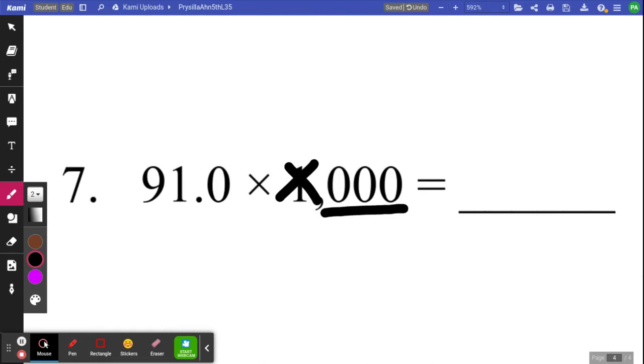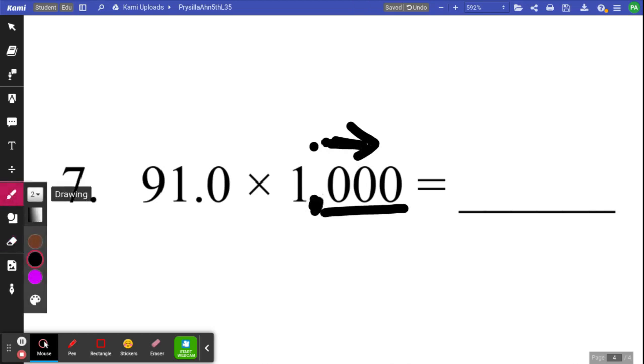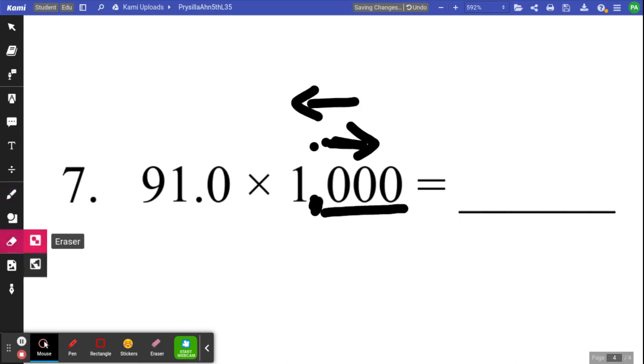We can ignore the 1 because it's basically saying 1 times 1. So you really want to focus on how many zeros there are. And when there are zeros, hundreds, tens, hundreds, not tenths, you're going to be moving decimal places to the right. If this comma were a dot, then we would go to the left. But however, we don't need to worry about that.